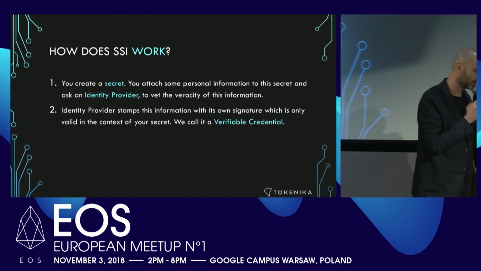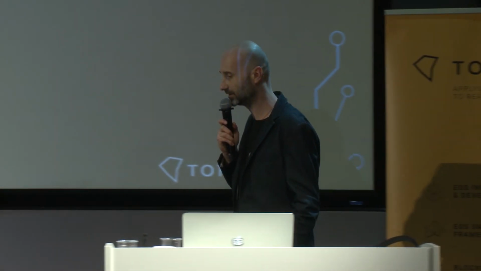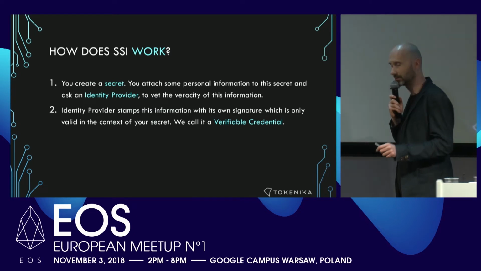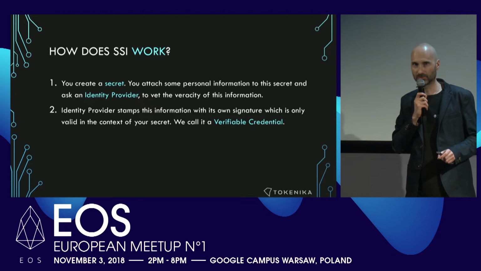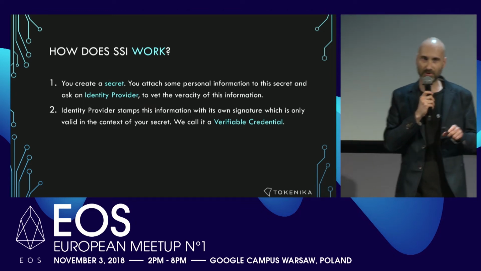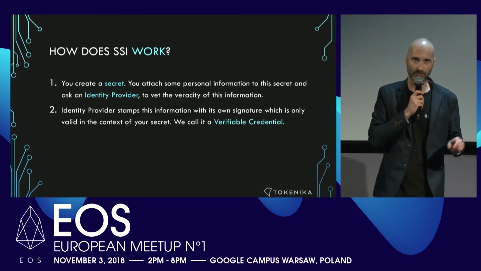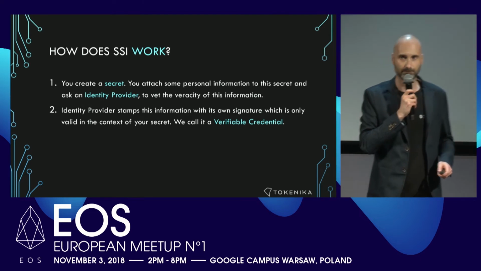The important thing is that this signature only works in the context of the secret. So basically this signature says that this information is true, but it only refers to the person or entity that knows the secret. But the crucial thing is that you are not revealing the secret. You only prove that you know the secret, you know the private key, but you are not supposed to reveal it to anyone, including the identity provider.